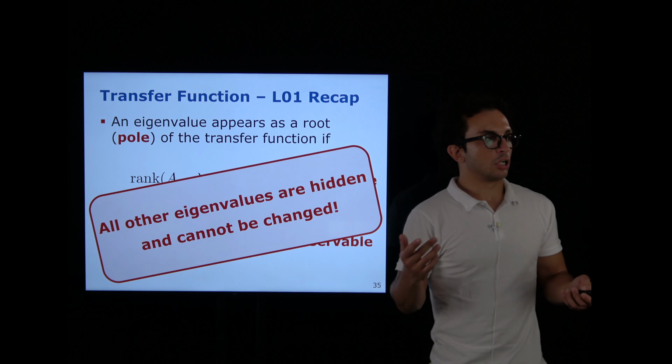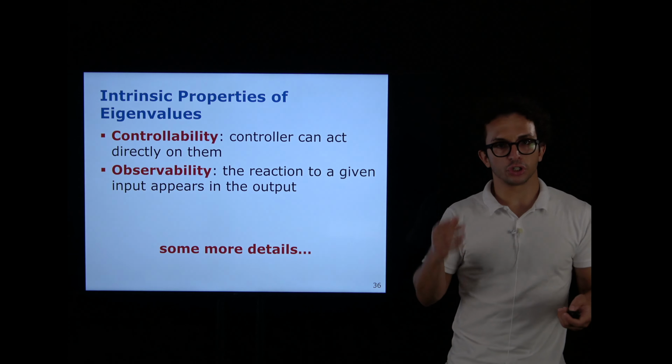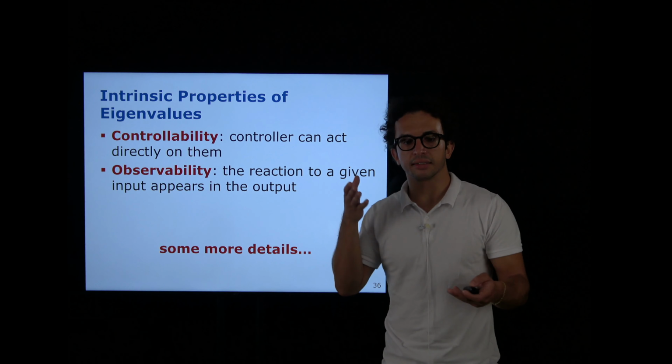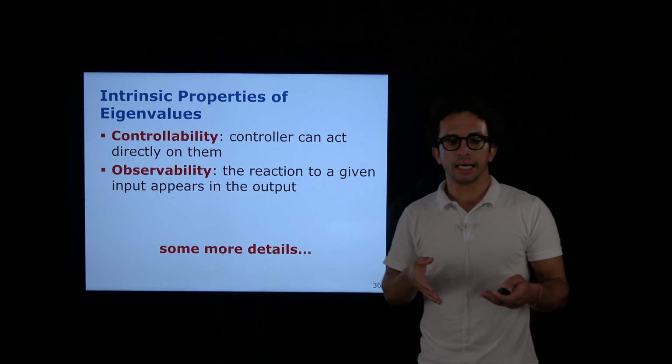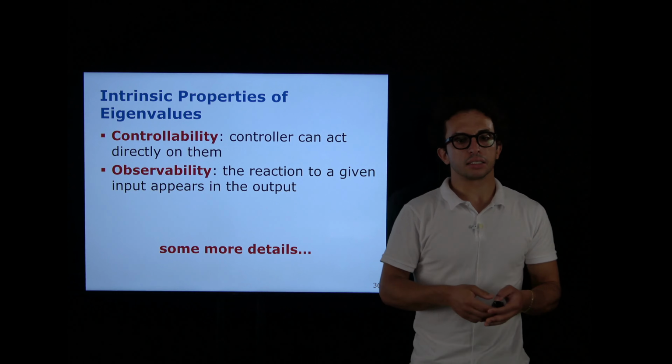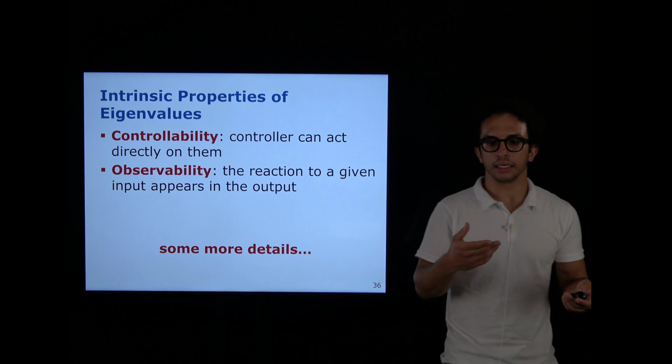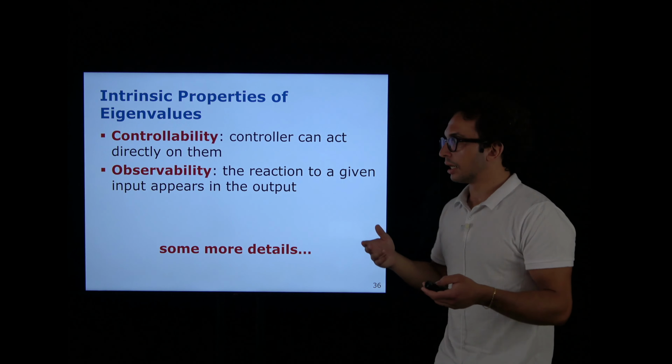Intuitively, this is also an intuition we gave in the last lecture. Controllability means that the controller can act directly on them, and observability means that you would see the evolution in the output.